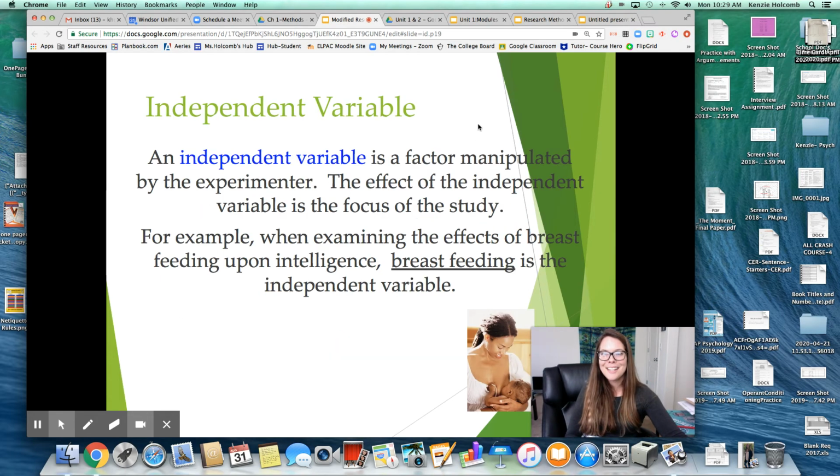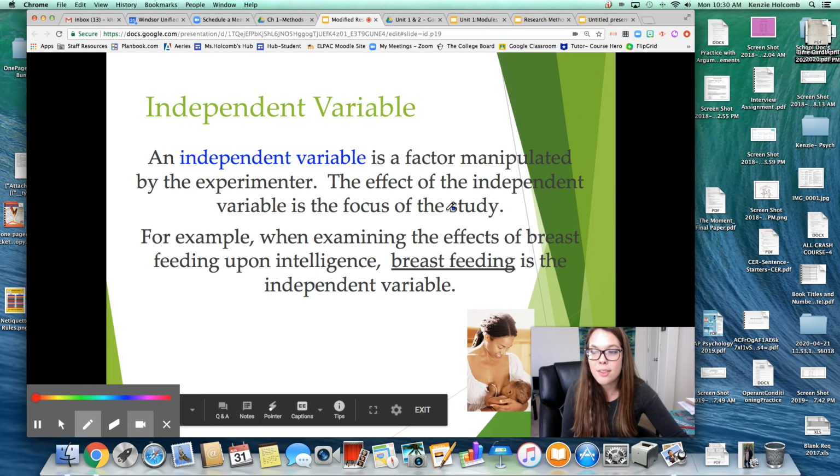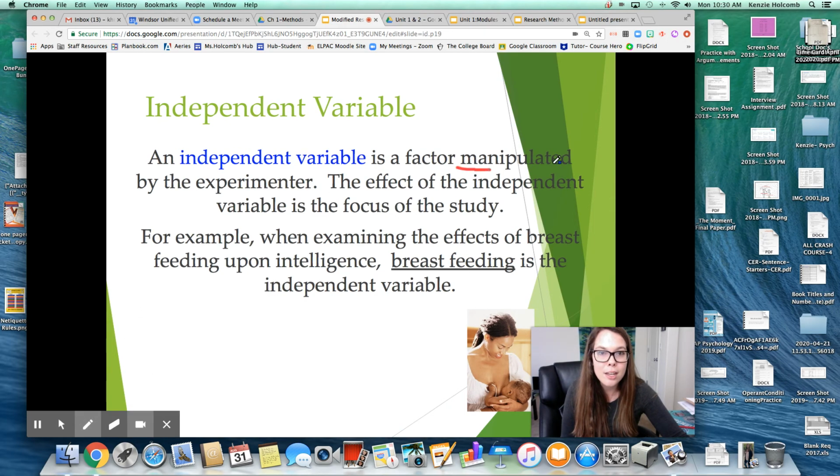All right. So within this experiment, we are going to have an independent variable, okay? And the independent variable is the factor that is getting manipulated. It's the one that gets changed, okay? And the independent variable is usually the focus of the study.